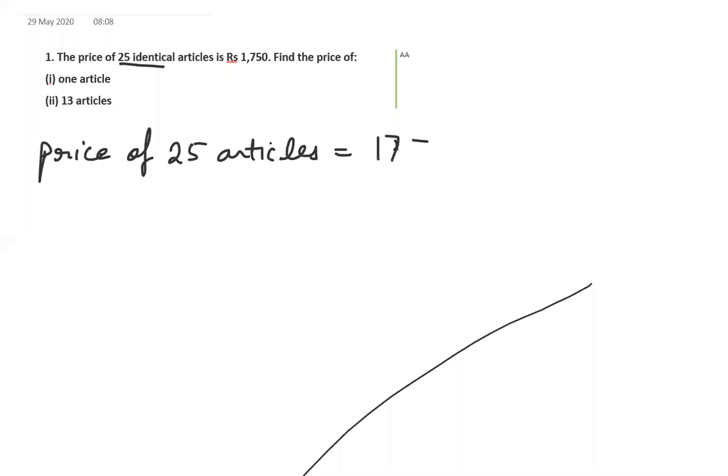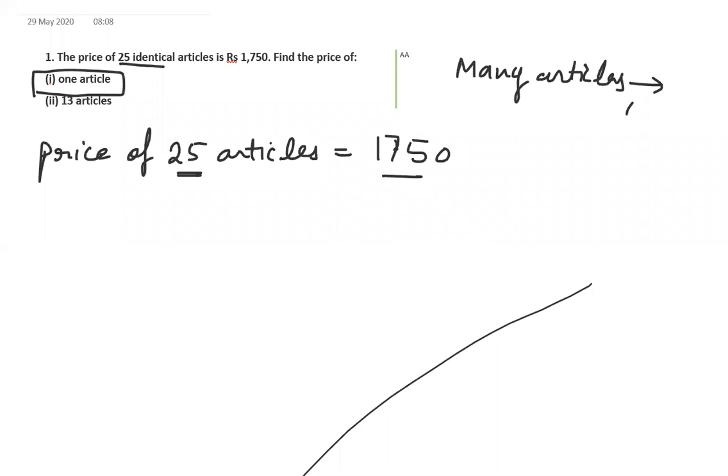1,750. Beta, in this question you are given the price of many articles and you have to find the price of one article in part 1. So when you have to go many to 1, then you have to divide. This is the rule.